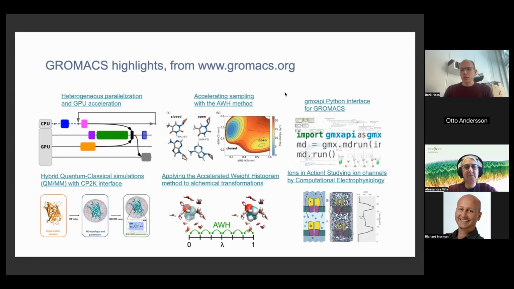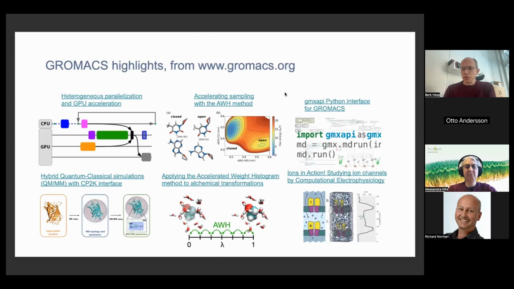This method has 2 copies of the system, and then you can have 2 boundary regions with positive and negative ions, so you know exactly what field you apply, and those ions are exchanged to keep the field exactly as you want it. So it's a very controlled way of applying a field to a system, and a popular method for studying transport of ions through ion channels.